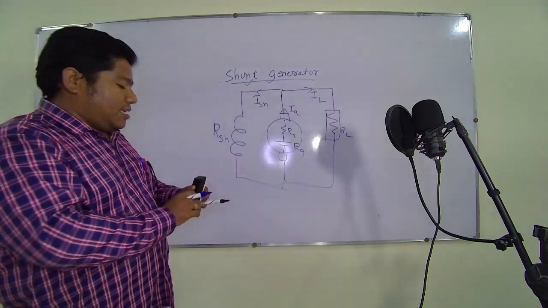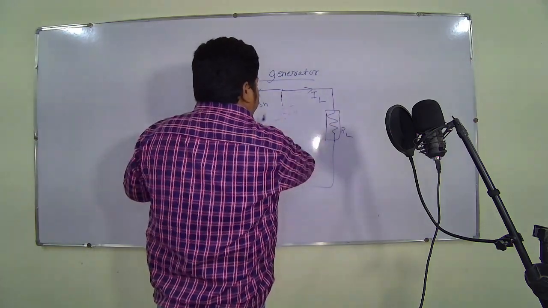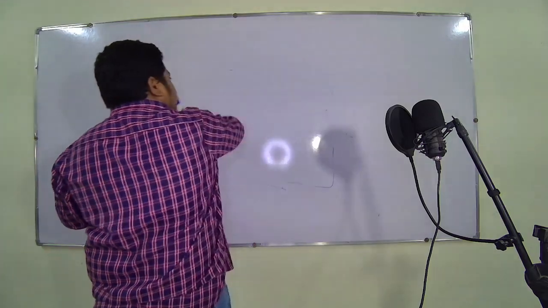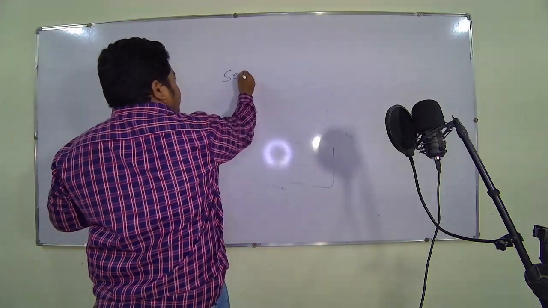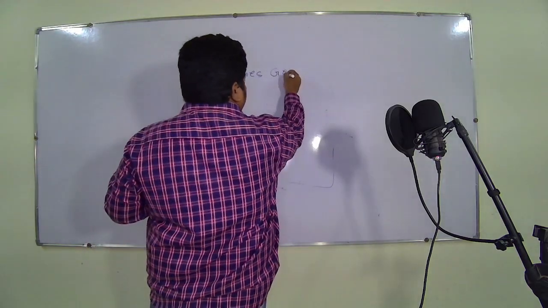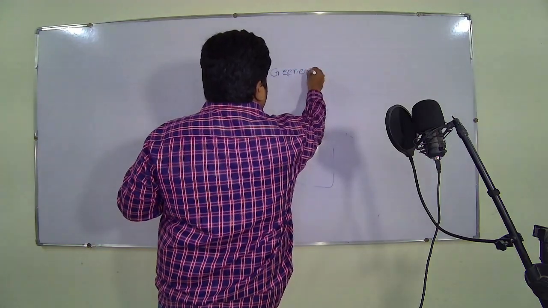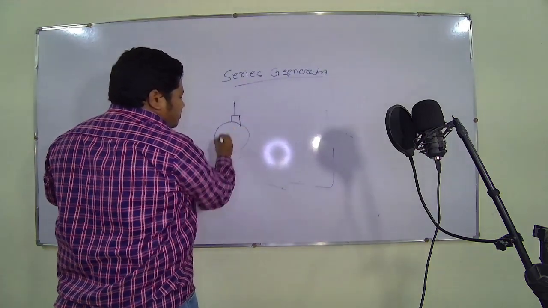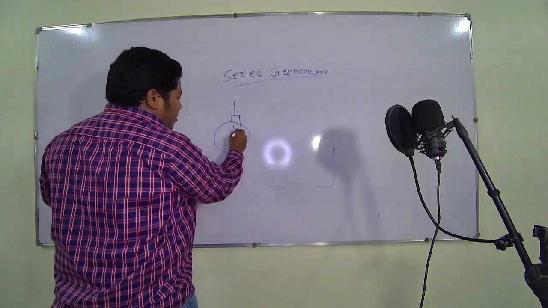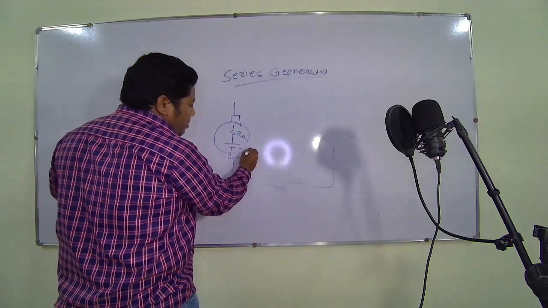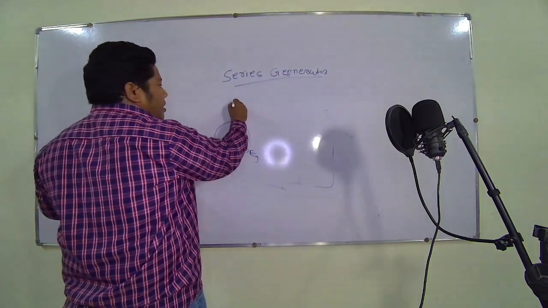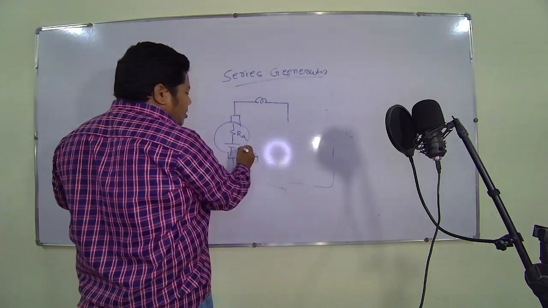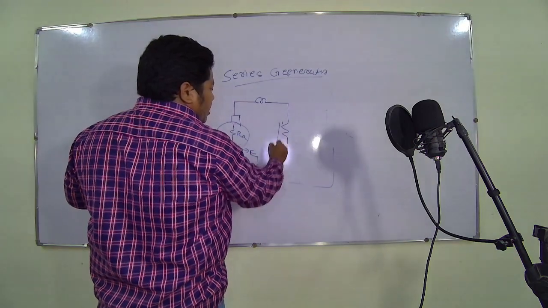Next we will see series generator. In series generator, this is armature, this is armature resistance, this is generated EMF, this is series field. This field is in series with the armature. This is load resistance.